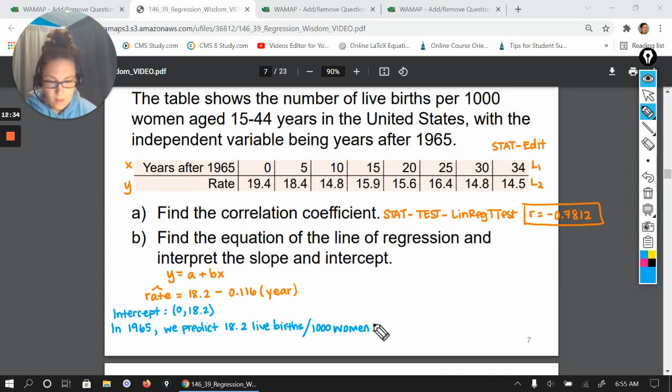Okay, now let's interpret the slope. So the slope is the number negative 0.116. So this represents the decrease in the rate per year.